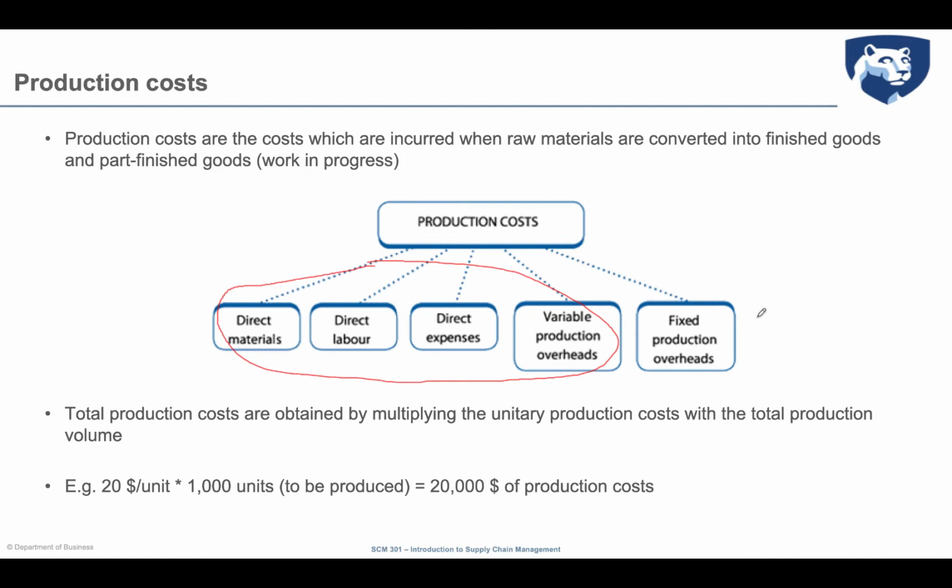So usually what is included are variable costs: material, direct labor, direct expenses, and variable production overheads like energy, like water, like everything that could be variable according to the volume that we are producing. How do we calculate production cost here? So I have production cost, which is $20 per unit. How many units am I going to produce? 1,000 units. Total production cost $20,000, which is the multiplication of the two.